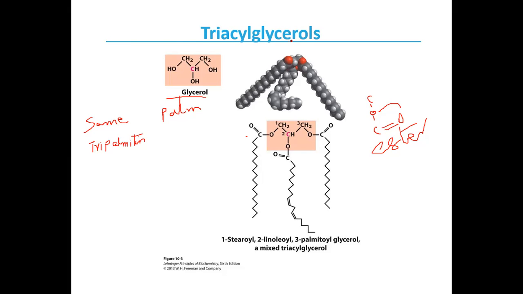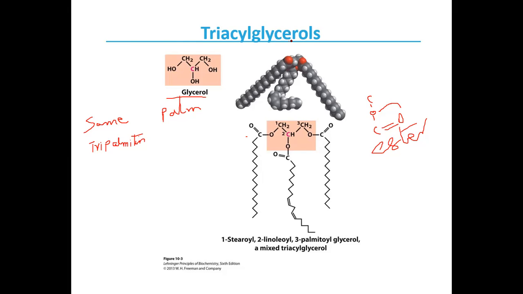The natural fats, for example vegetable oil, dietary fats, and animal fats, are a complex mixture of simple or mixed triacylglycerols. They contain a variety of fatty acids, a variety of chain lengths, and different degrees of saturation.